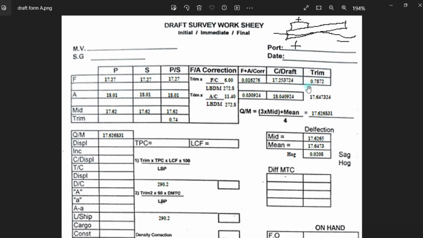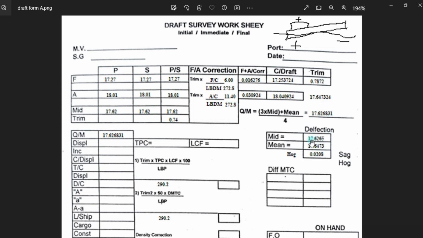That will be 0.7872. Okay, so you now have your trim. To get the mean drop, you add your corrected forward drop and your up drop, then divide by 2, and you will have a mean drop of 17.647324. Now your mid drop will be 17.6265 and your mean drop will be 17.6473.